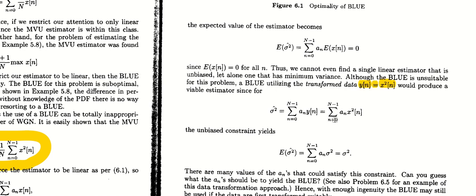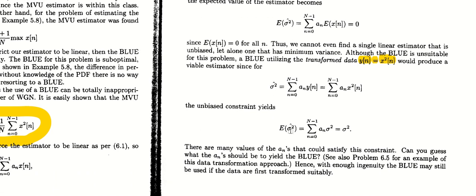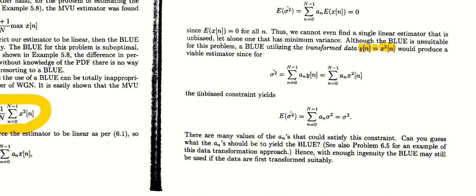Therefore, you get this summation a_n x squared. And the unbiased constraint yields, you take the expectation of this, and it is equal to sigma squared. So that is the unbiased constraint.